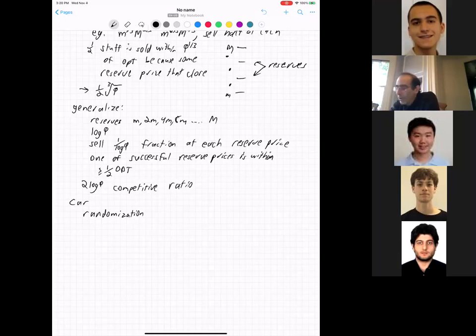So we just looked at having log phi different reserve prices and doing a little bit of our selling at each reserve price. We can kind of achieve the same thing using randomization. So we can choose a random reserve price from the ones listed before.